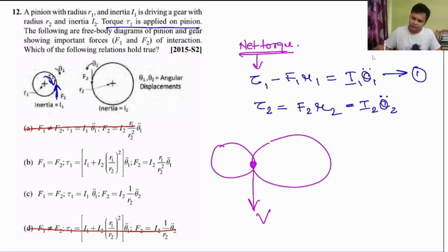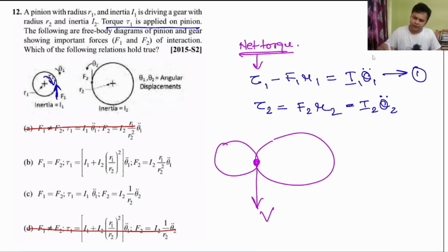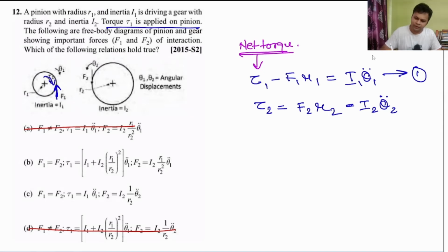So if it is traveling the same distance in small time dt, what I can write is theta 1 r1 is equal to theta 2 r2, because theta r is nothing else but the arc, so it can be approximated as the distance traveled by the point. So I can double differentiate.